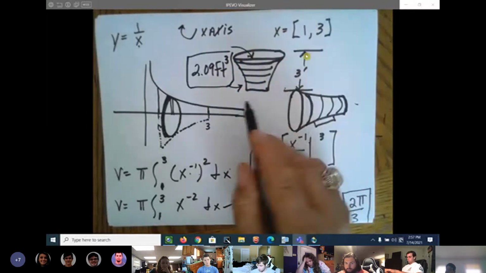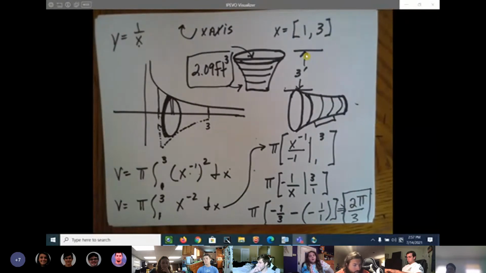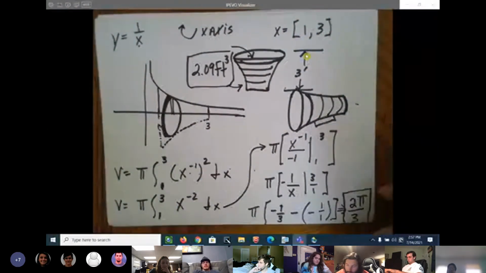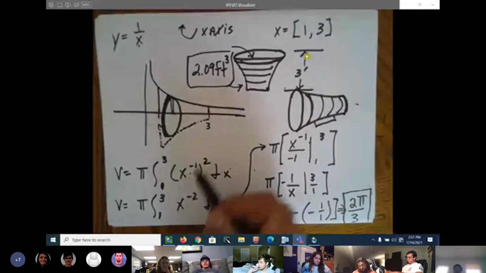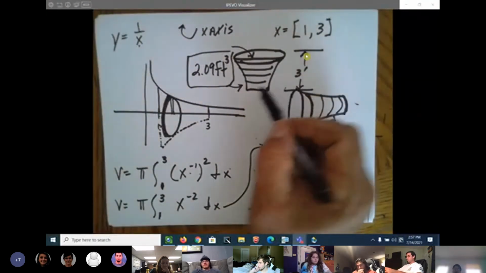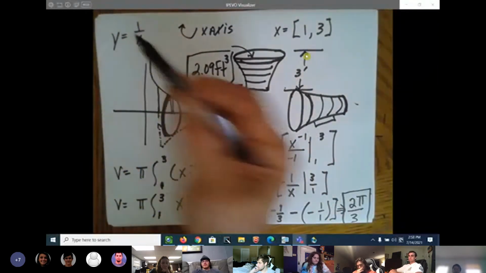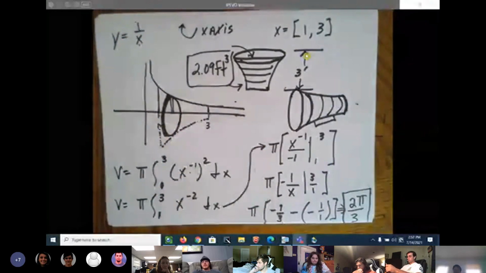So this trash can will hold 2 1 by 1 by 1 cubes and 1/10 of a cube, because that 9 raises that to a 1. So if you had a trash can that was 3 foot tall and it had the sides that fall along this, then you're talking about a volume of 2.09 cubic feet.